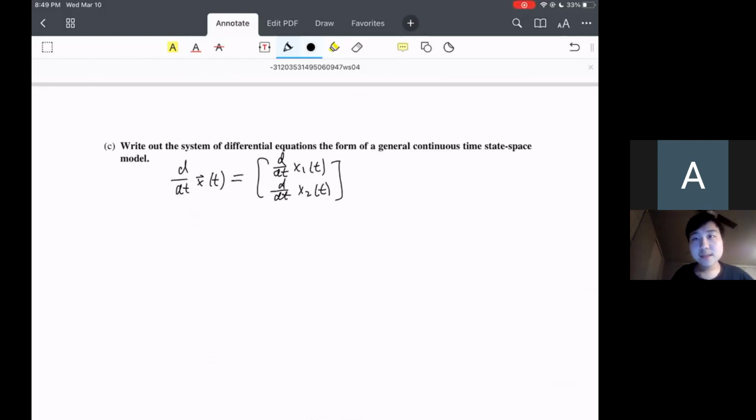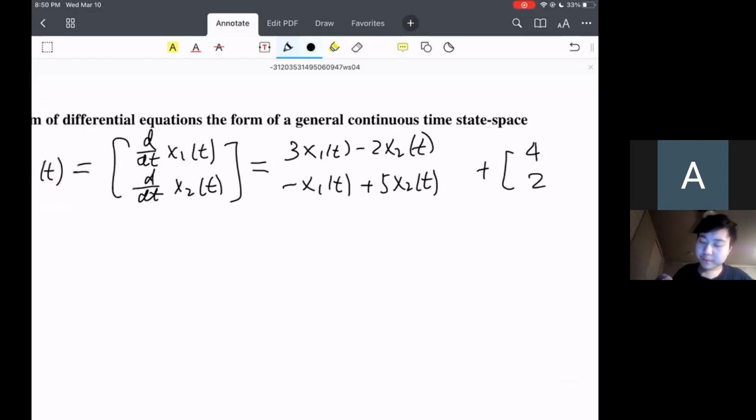And d/dt x1 of t, we know that this is equal to 3 x1 of t minus 2 x2 of t plus 4. And at the bottom, d/dt x2 of t is equal to negative x1 of t plus 5 x2 of t plus 2.